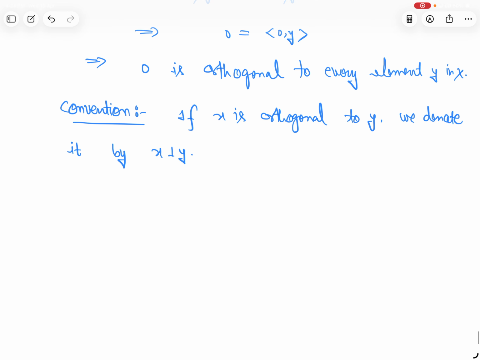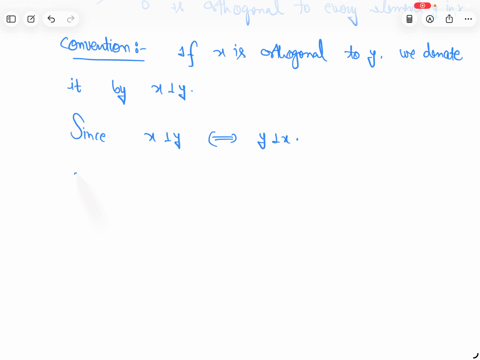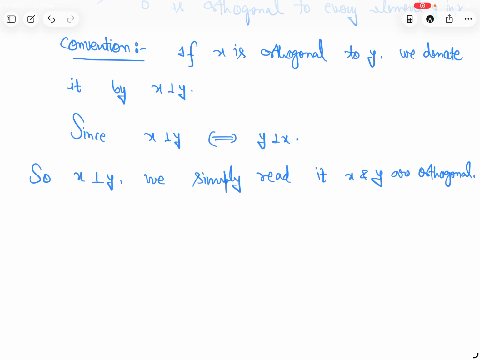Since x is orthogonal to y if and only if y is orthogonal to x, we simply read it as x and y are orthogonal. Because we know that if x is orthogonal to y, y is also orthogonal to x. So simply do not say x is orthogonal; you simply say that x and y are orthogonal. Okay.